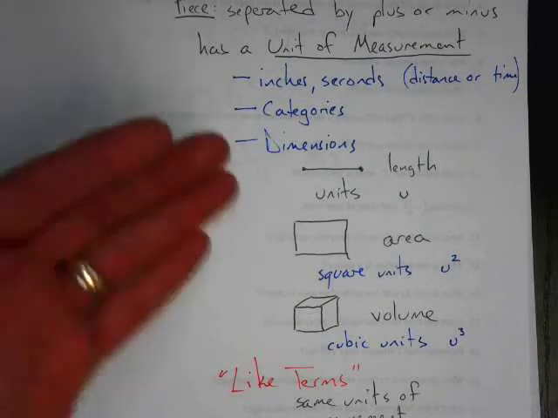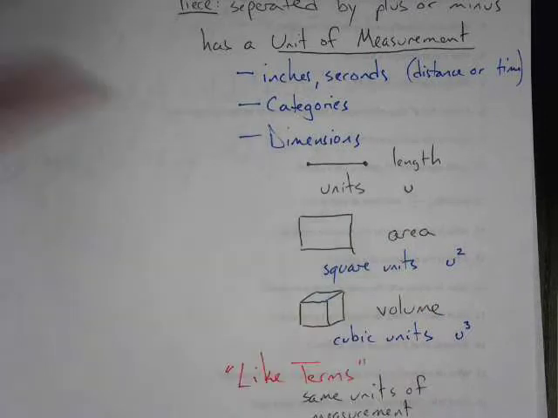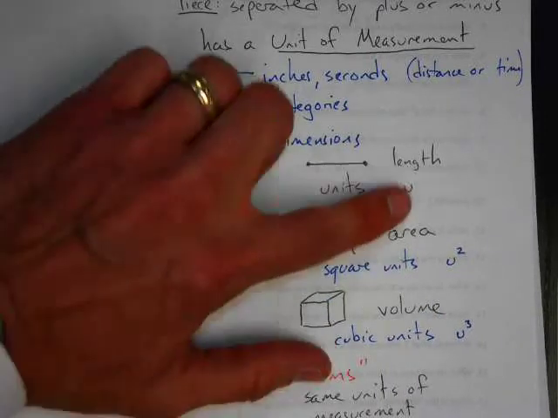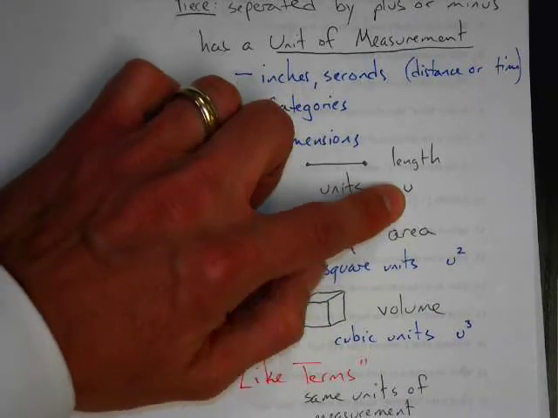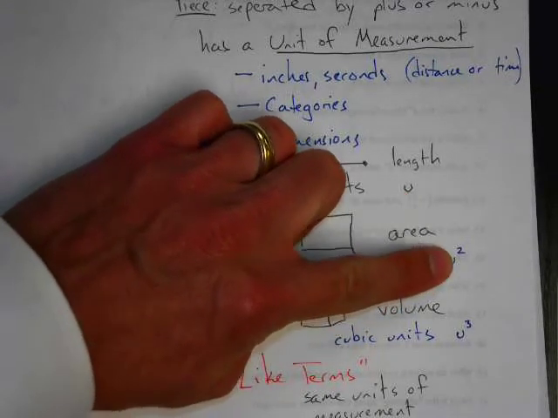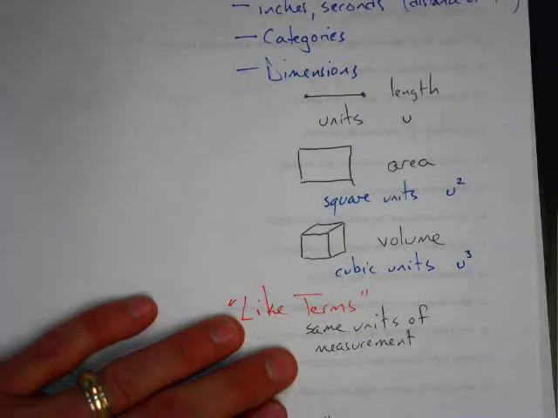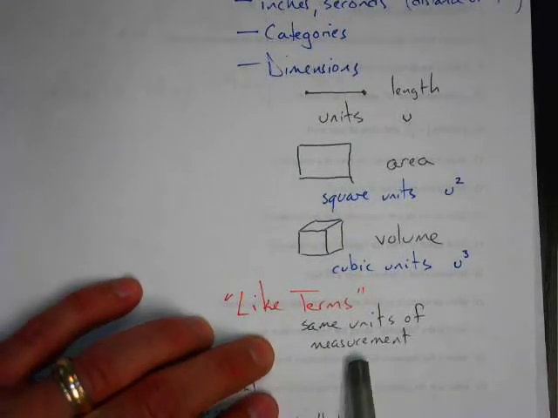And as we remember, length and area and volume are completely separate ballparks, and so a variable to the first power is completely a separate ballpark to that same variable but to a different power. They're completely separate and they're not like. And so we know that like terms have the same unit of measurement.